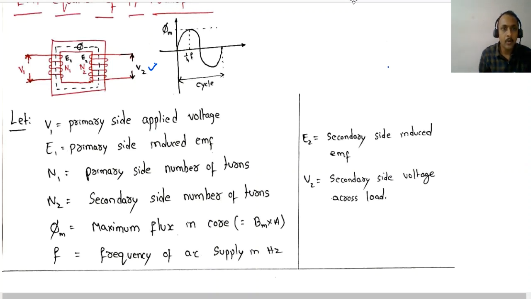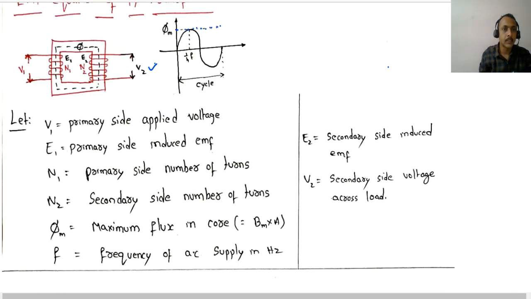Now if you observe the flux phi m, the maximum flux in the core, for every 1/4 cycle it is attaining the maximum value.